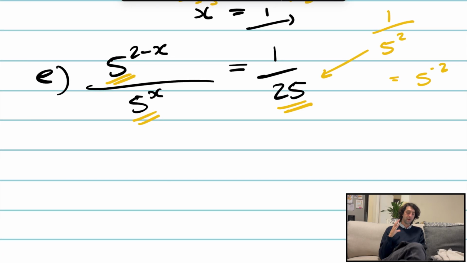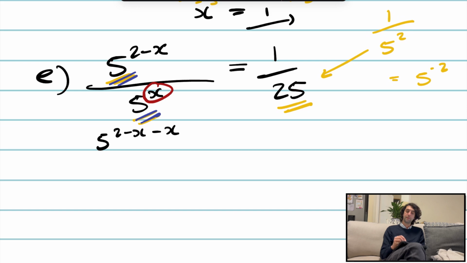Now I'm going to do it step by step, okay? Because these bases over here are the same, that means I can subtract their exponents. So let's start off by doing that over here. That's going to be 5 to the power of 2 minus x minus x. That minus x came from here because it's in the denominator.